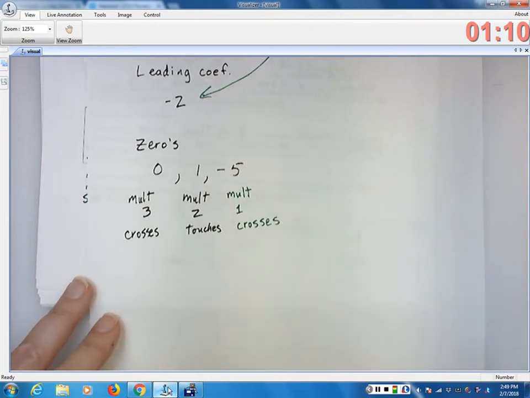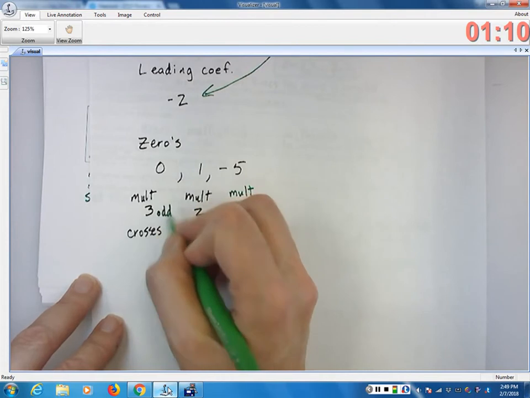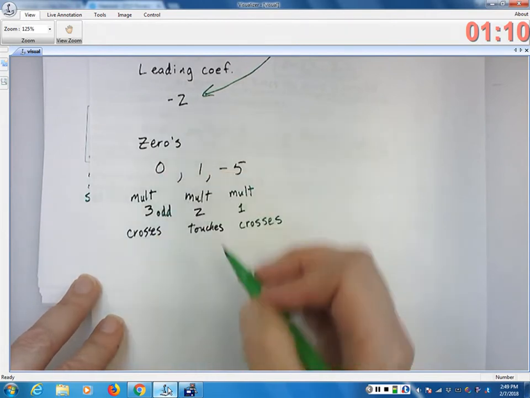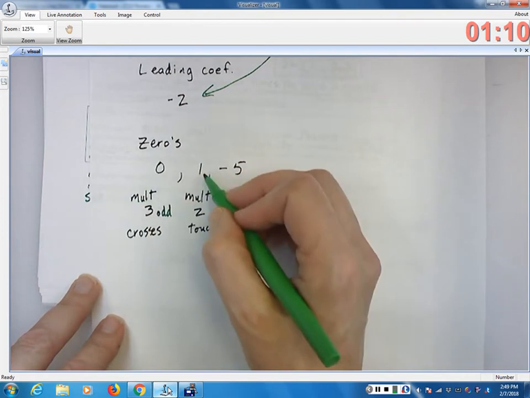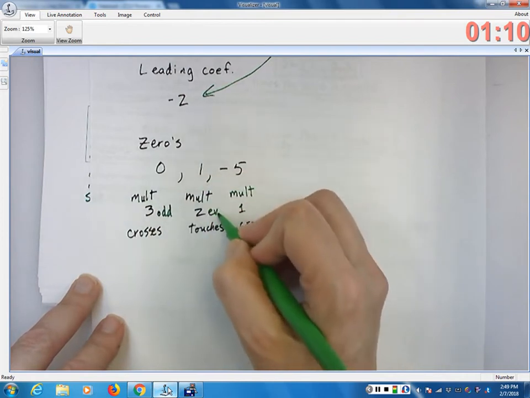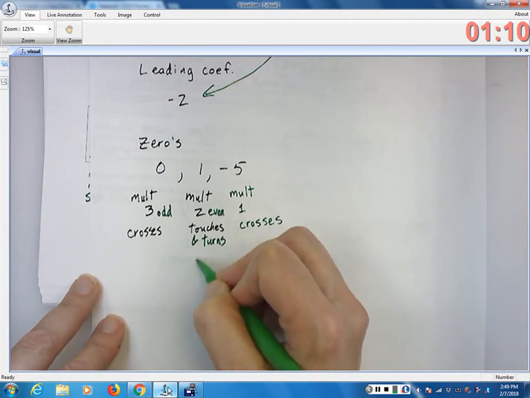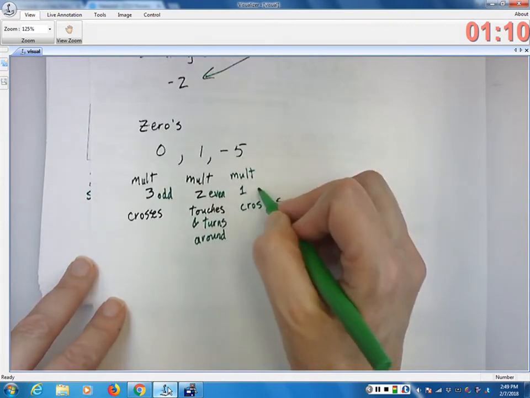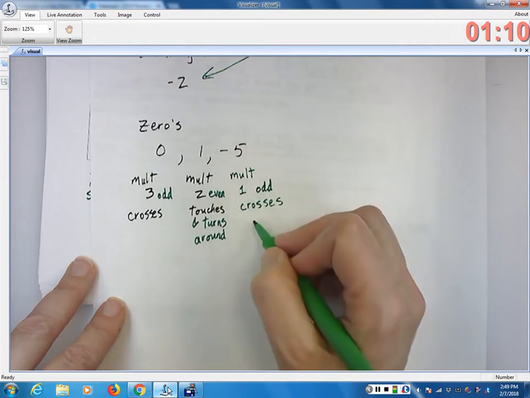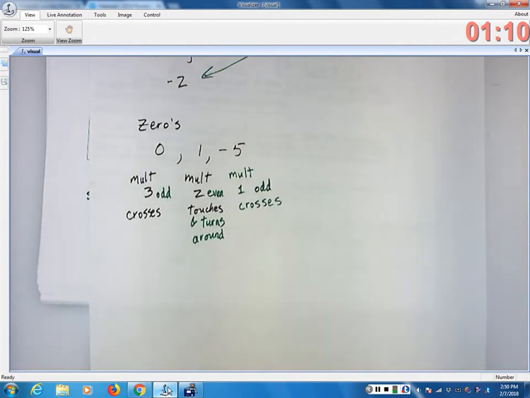And the behavior: if the multiplicity is odd, it crosses the x-axis at that 0, and if it's even, it touches and turns around. And a multiplicity of 1 means it's odd, so it crosses the x-axis at -5. Okay?